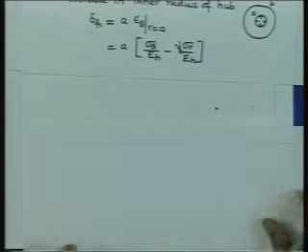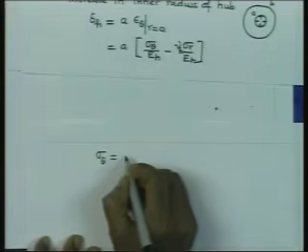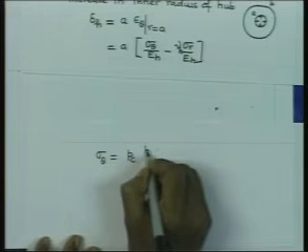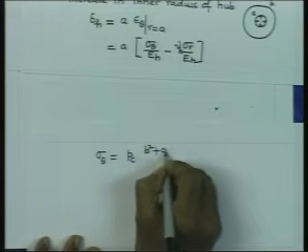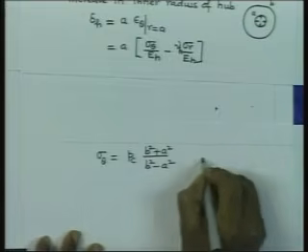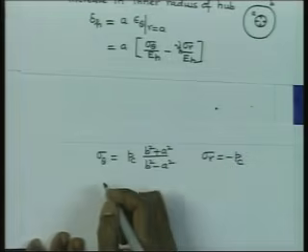We can now see that sigma theta, where Pc is the contact pressure, is equal to Pc into B square plus A square by B square minus A square, and sigma r is equal to minus Pc.